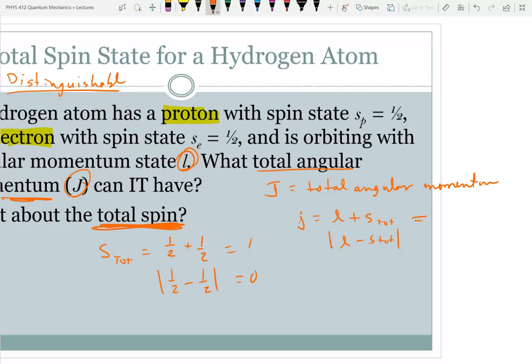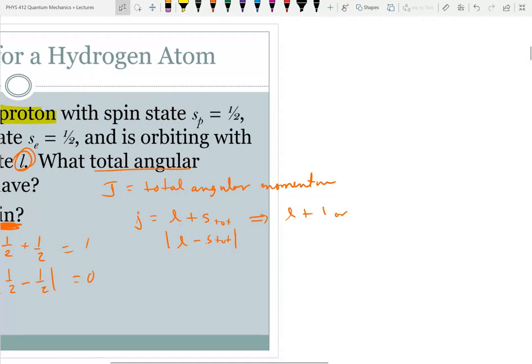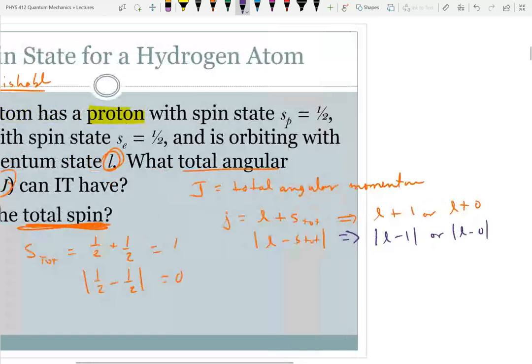And so I could have L plus 1 or L plus 0 as the maximum, depending on the S state. Or I could have the absolute value of L minus 1 for the other. So we have different potential values depending on if it's in the singlet or the triplet state.